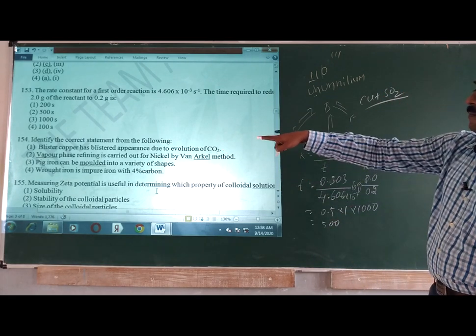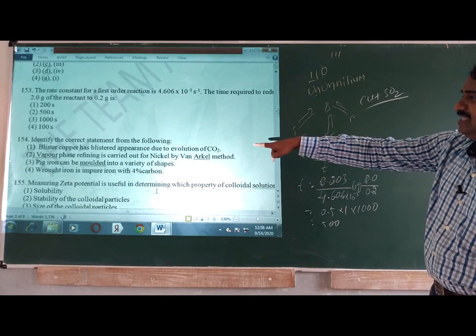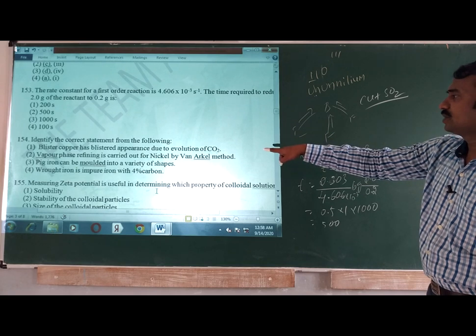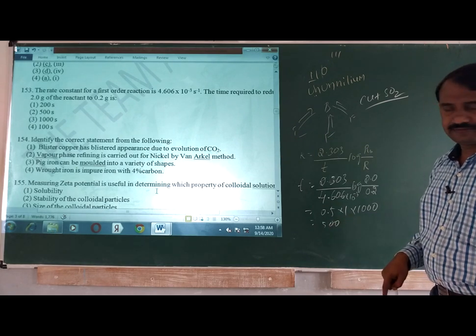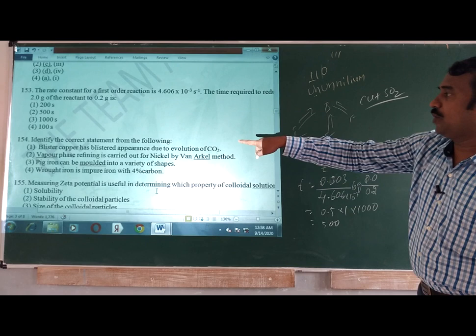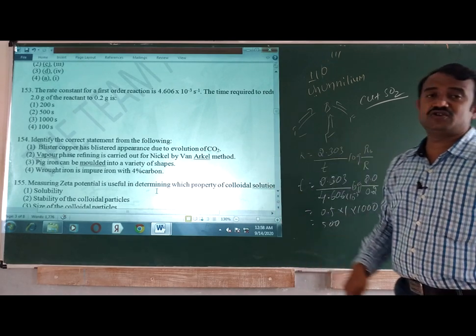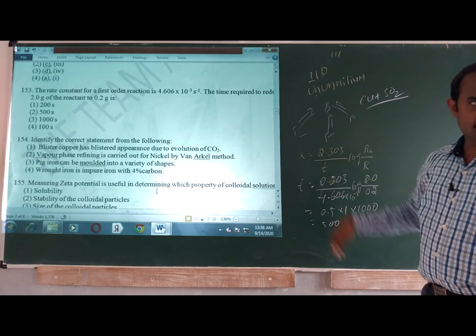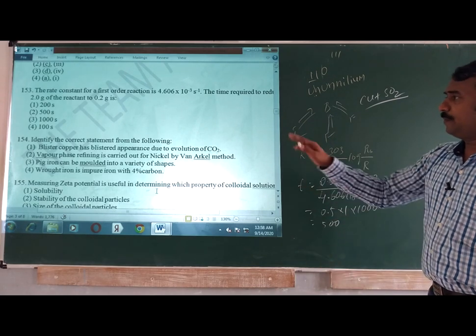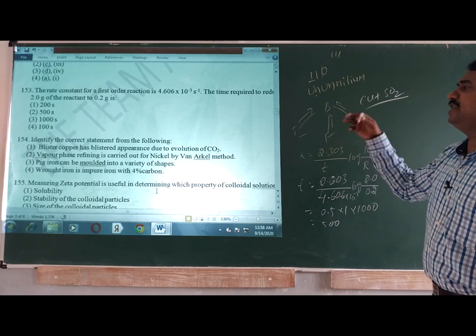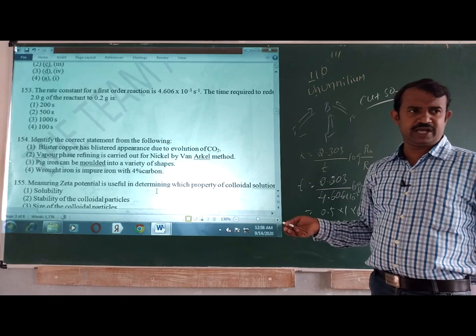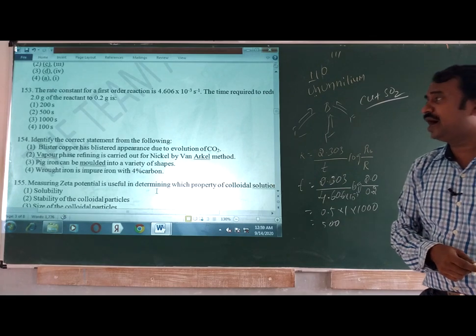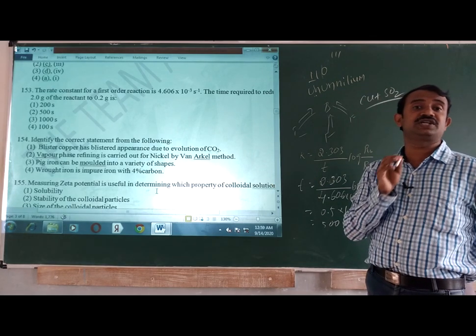Next one, vapor phase refining is carried out for nickel by Van Arkel method. Here the vapor phase refining means nickel you have to go for Mond process, that is also wrong. First one also wrong. Third one, pig iron can be molded into variety of shape, we can make it. Fourth one, the wrought iron is impure iron with 4% carbon.